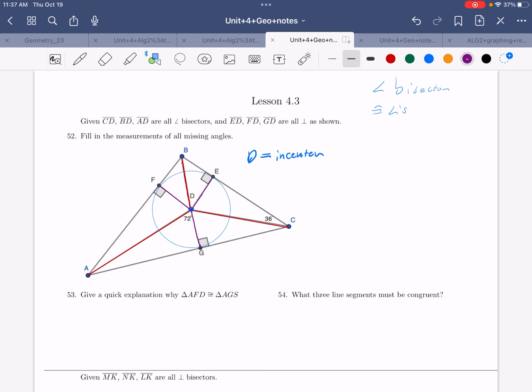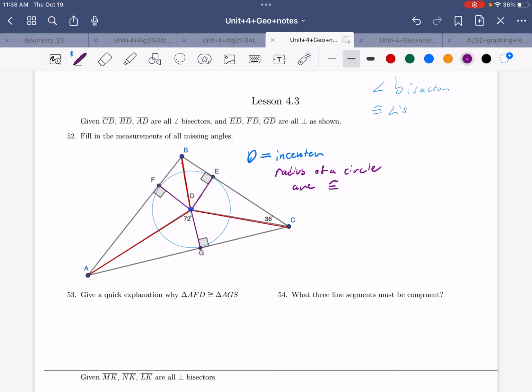And since they're all radiuses of the circle, all the radiuses of a circle also have to be congruent. Hopefully that makes a lot of sense.